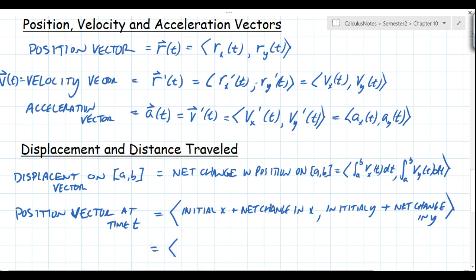So that is r sub x of 0 plus the integral from 0 to t of v sub x of t dt. And then the initial y position plus the net change in y.